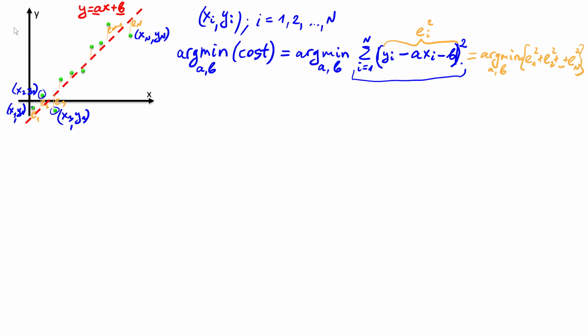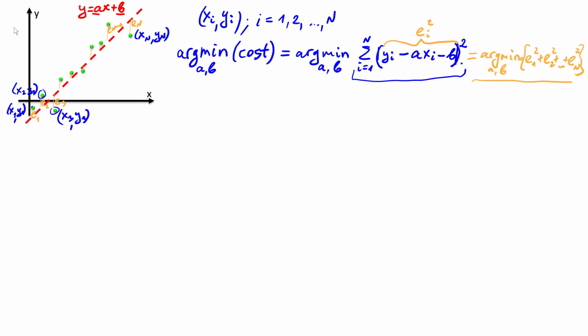For that kind of expression, we can find the minimum, but still it's too complicated because we need to write each e as a function of x's and y's, then find the derivative, then find a system of equations, and then solve the system of equations. It's a pretty complicated, long process. So we want linear algebra to help us somehow to solve that problem. And this is how we will do it.